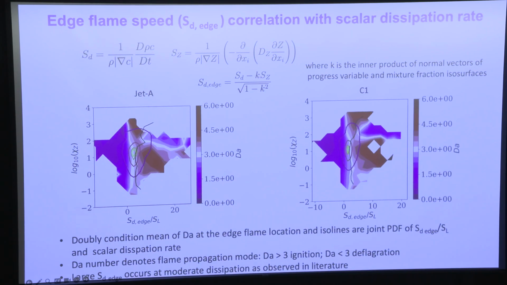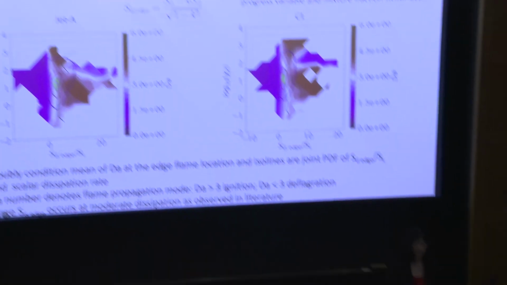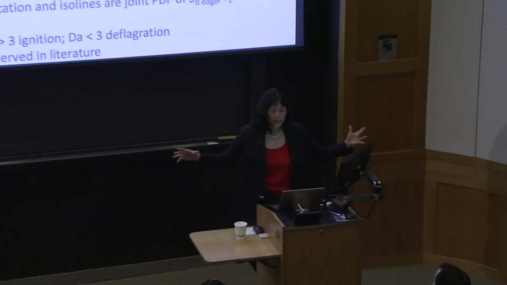In contrast, the negative values for the edge speed, which is further opening up the extinction holes, correspond to an increase in the unburned region of the stoichiometric mixture fraction isosurface, and occur over a pretty large range of mixture fraction dissipation rates.